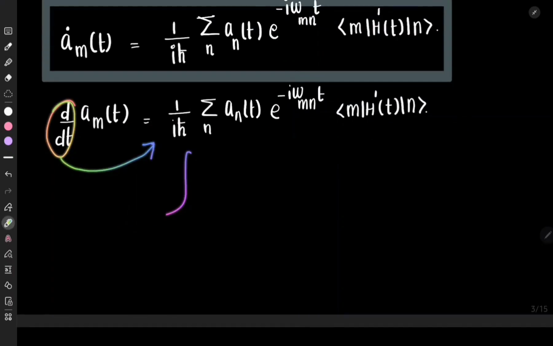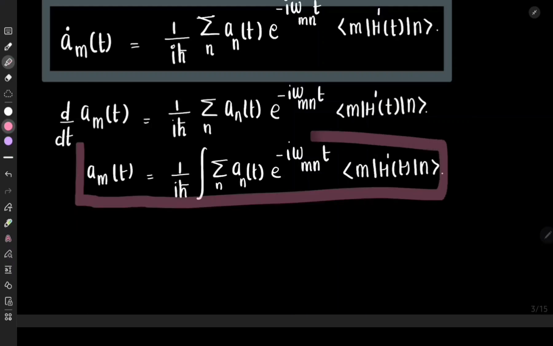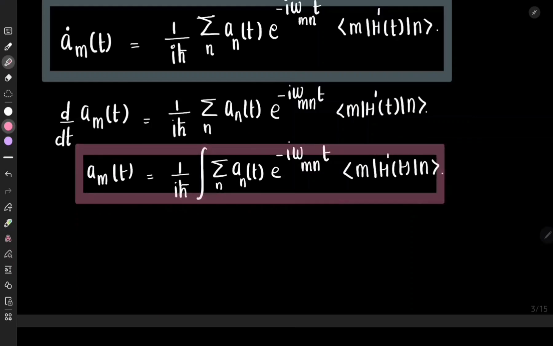It will become an integral, and you can write a_m of t is equal to 1 by iħ integral summation over n of a_n of t e raised to minus i omega mn t bra m H dash of t ket n. Hence, this is the general formula.